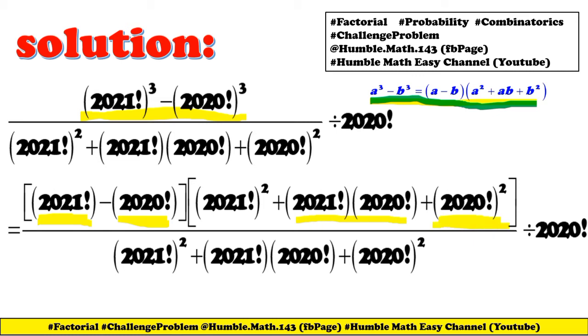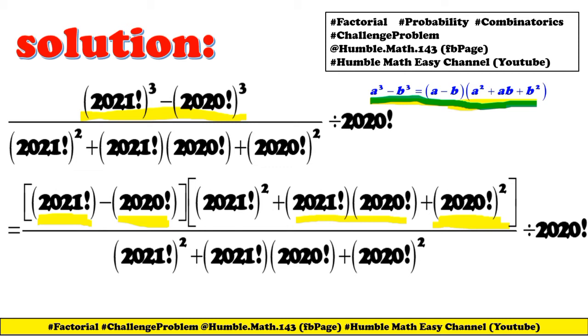So we are just using the pattern on how to factor the difference of two cubes. Then copy the denominator, which is the square of 2021 factorial plus 2021 factorial times 2020 factorial plus the square of 2020 factorial.